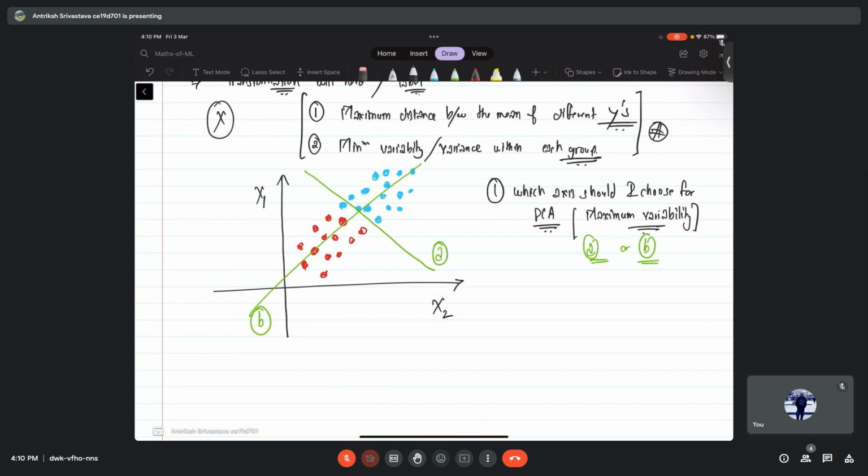The answer for this will be, I want to keep my B axis as my principal axis, because along this axis I am able to see that the variability in my data, the information, is stored. Whereas along the A axis, there is not much variability. The answer will be B here.